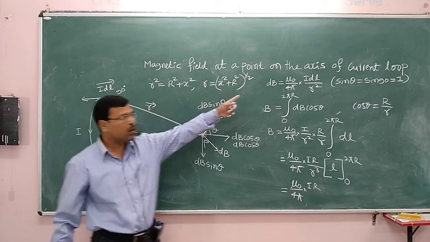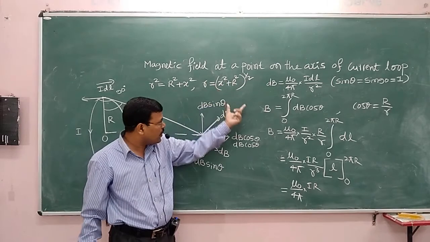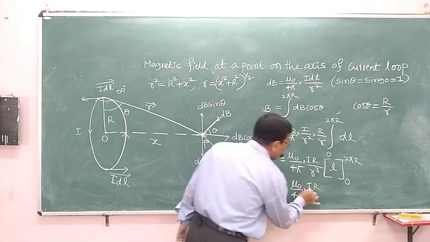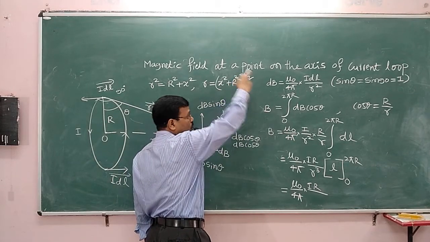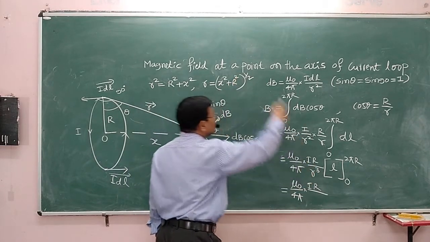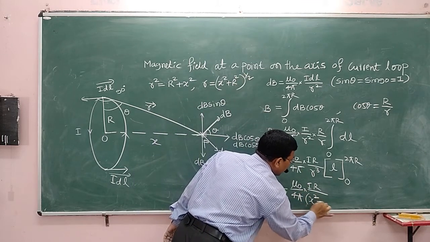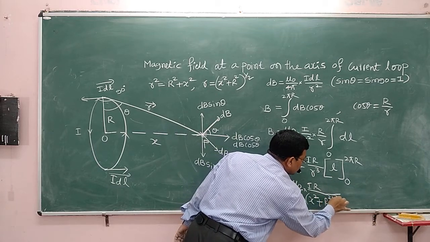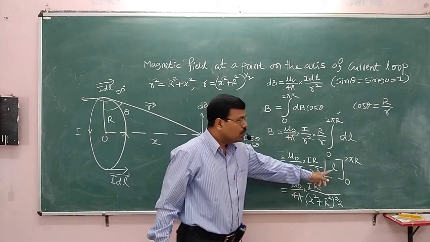Suppose if you substitute the value of R here, we get x square plus r square raised to 1 by 2, and 3 is there here. 3 into 1 by 2 is 3 by 2. So we get x square plus r square raised to 3 by 2 into this L.